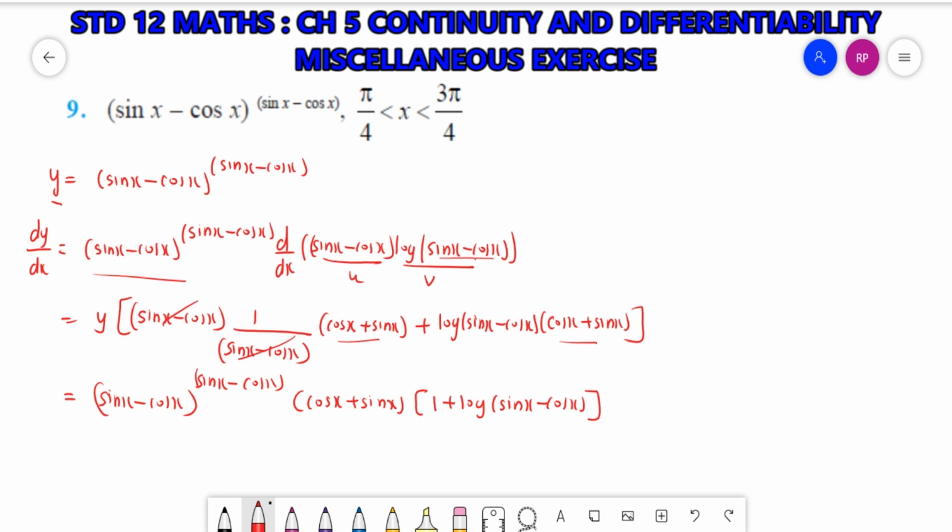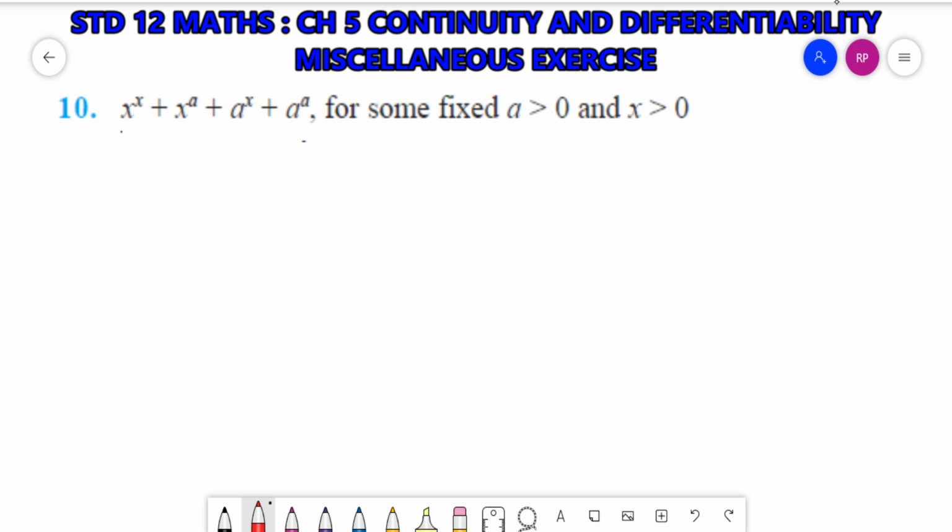Now let's move to the next question. Question number 10: y equal to x raised to x plus x raised to a plus a raised to x plus a raised to a. So now dy by dx, x raised to x. Now remember the shortcut: derivative of x raised to x is x raised to x (1 plus log x).